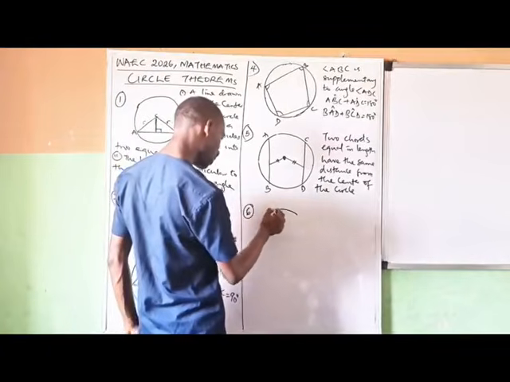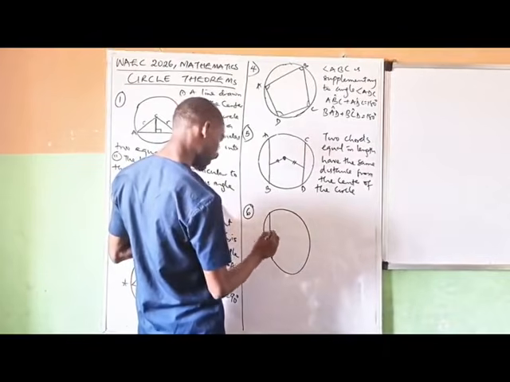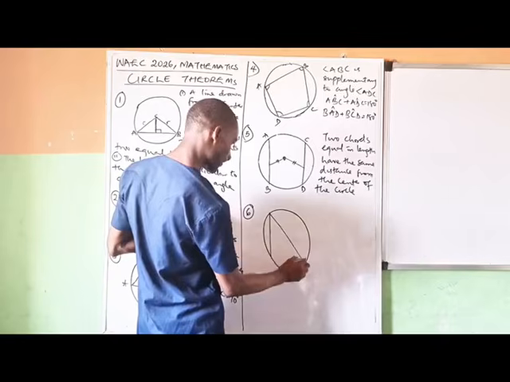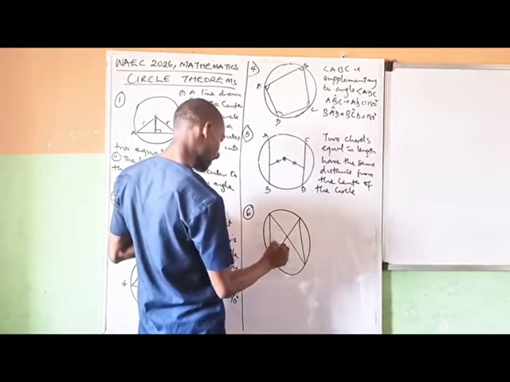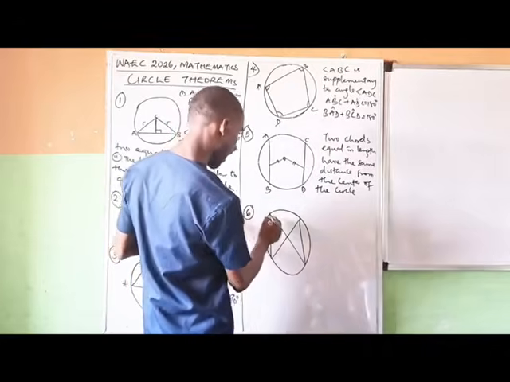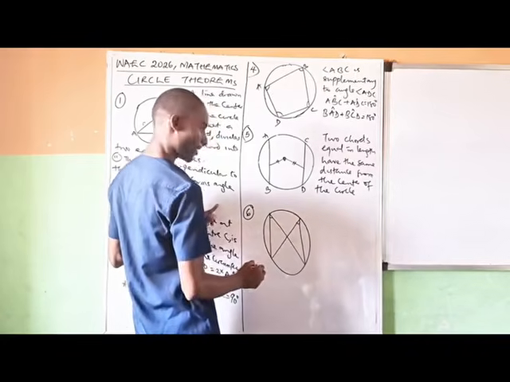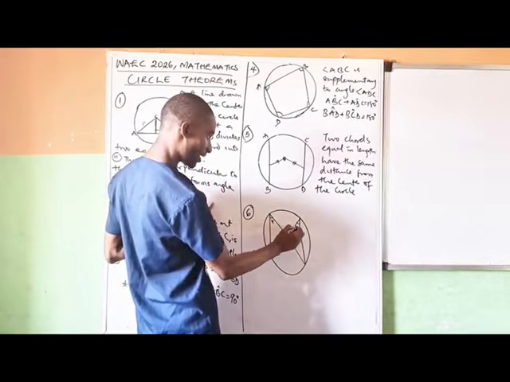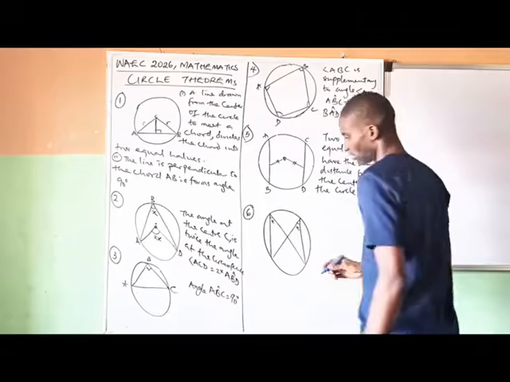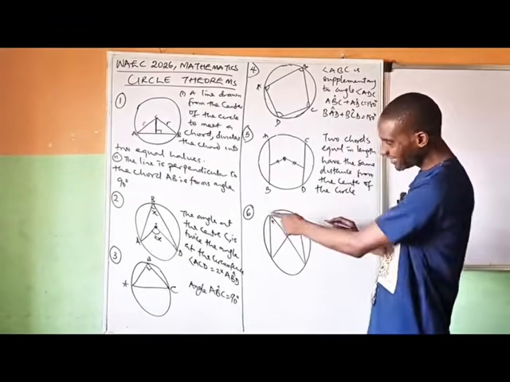I have a circle here, and then I draw a line like this. And then I have an angle here, I have an angle here. The rule says whatever is here and here, they are the same. X and X. Why? Because both of them are angles within the same segment.